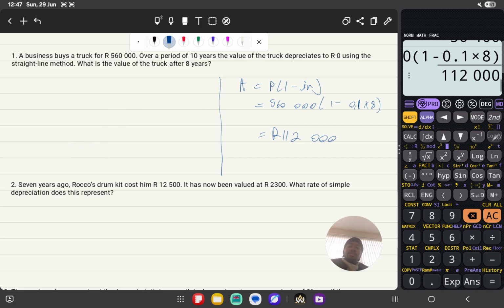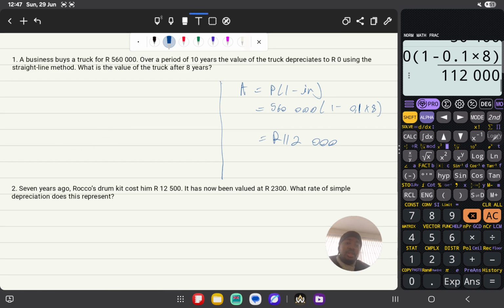Usually during depreciation, we say the principal amount minus the principal amount times I times n, right? When they say the value at the end of the period will be zero, I thought we could use this formula and say zero equals 560k minus 560k times I times 10.